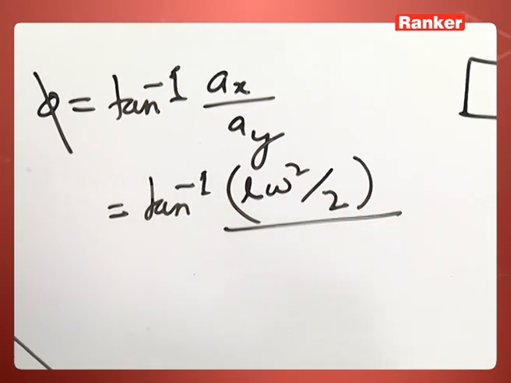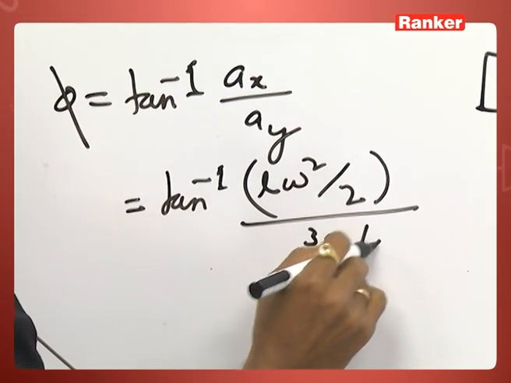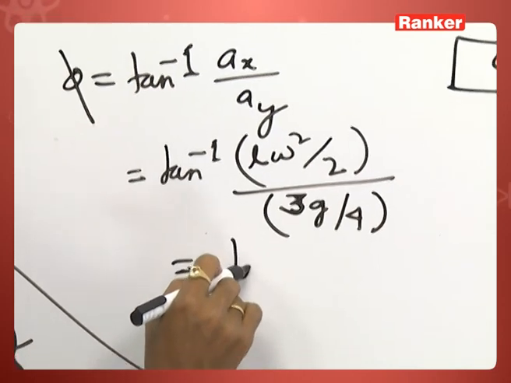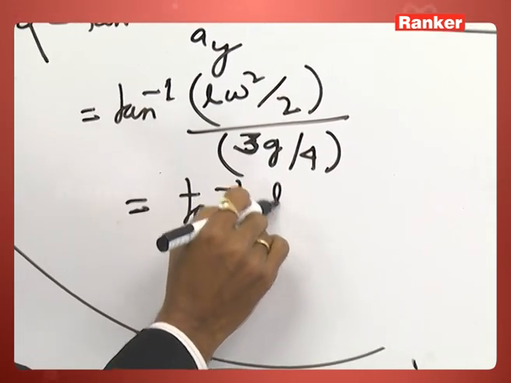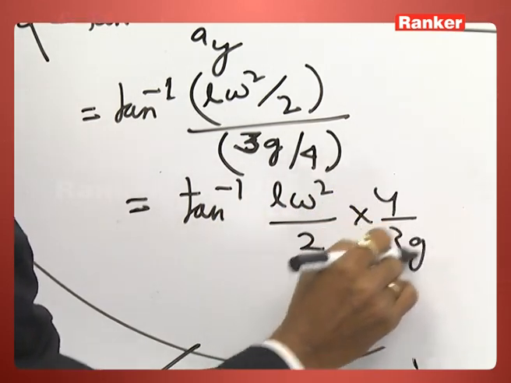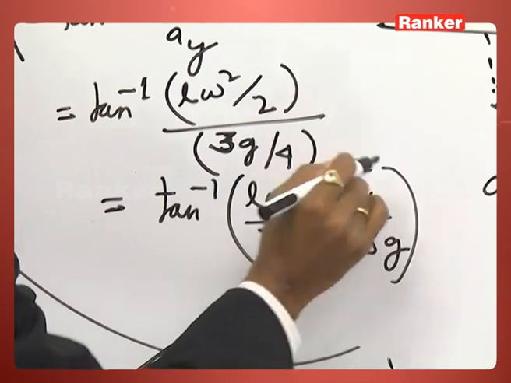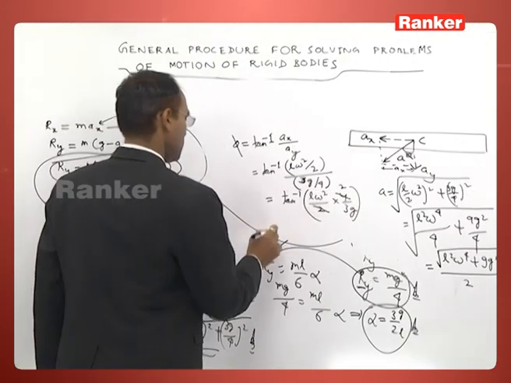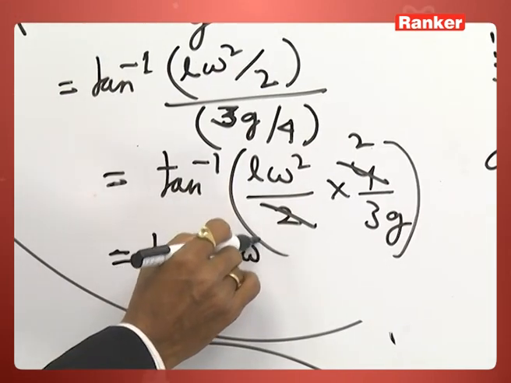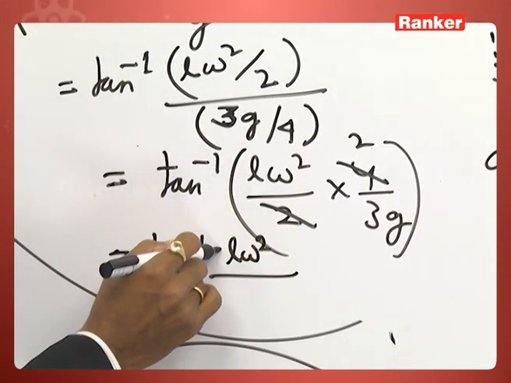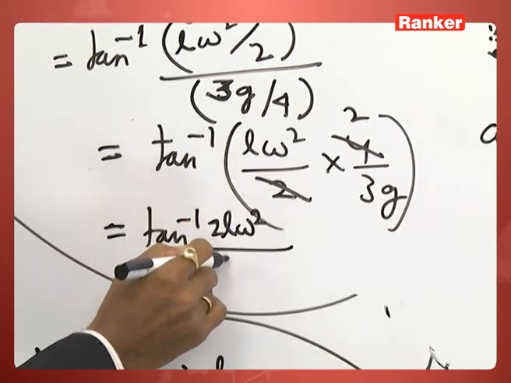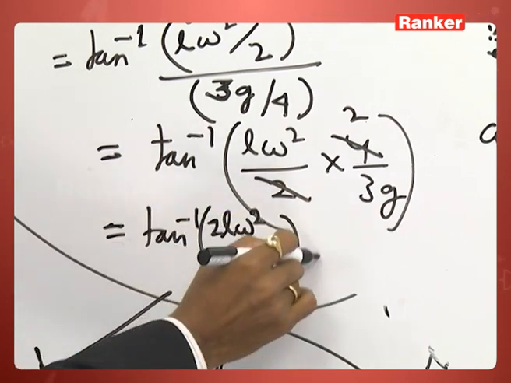What is Ay? 3g by 4. So it is equal to tan inverse of L omega square by 2 into 4 by 3g. So at last we are getting tan inverse of 2L omega square by 3g. Answer.